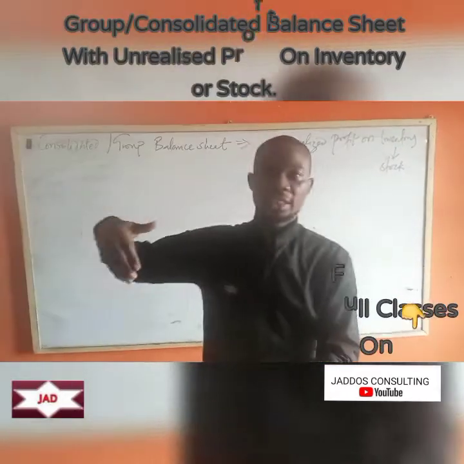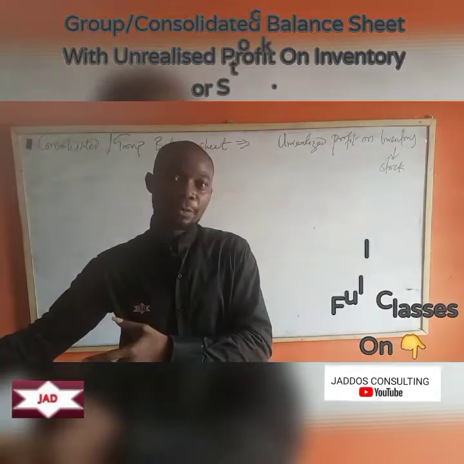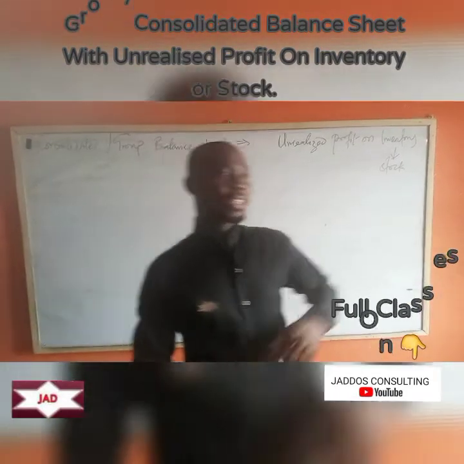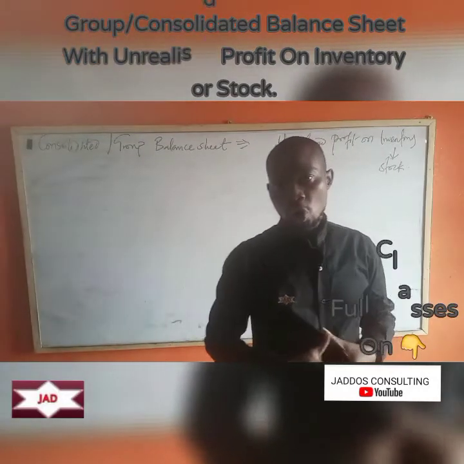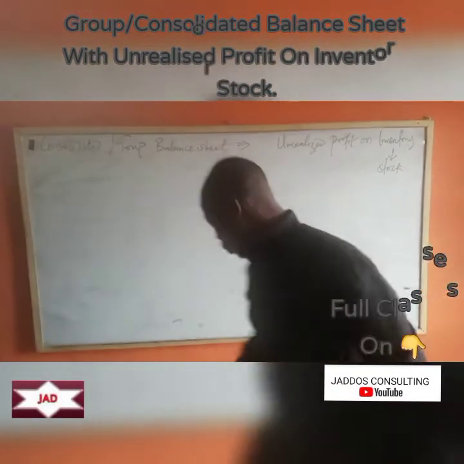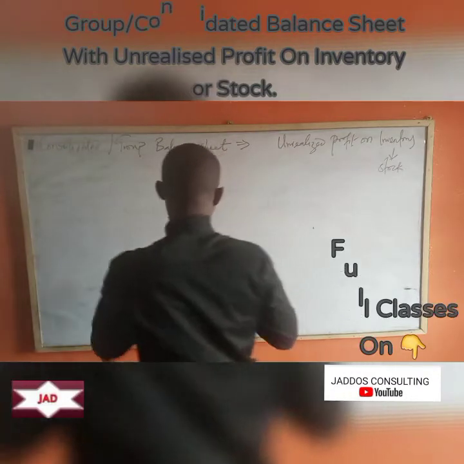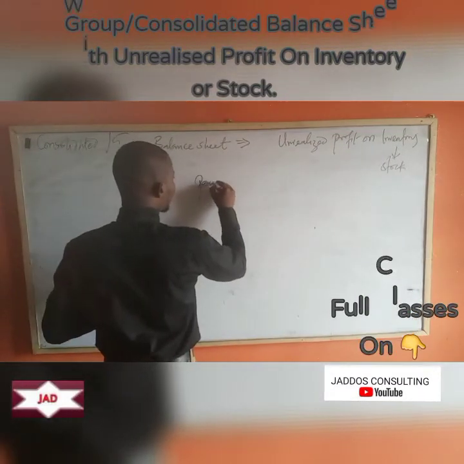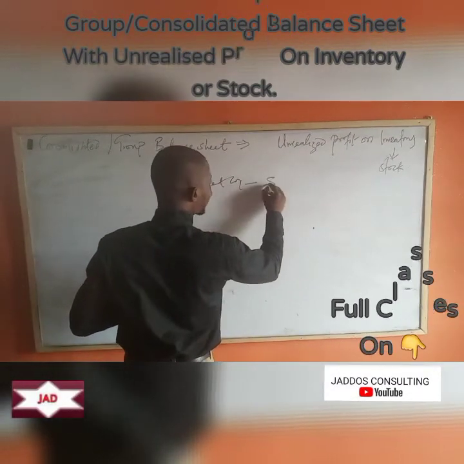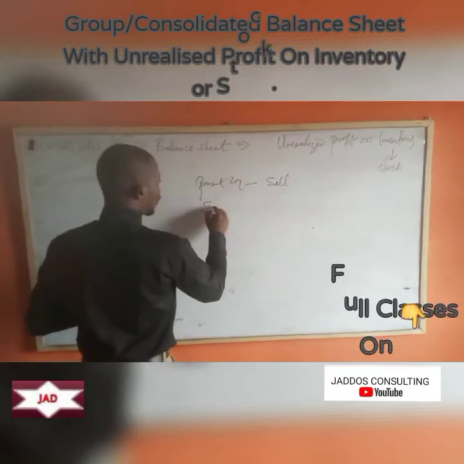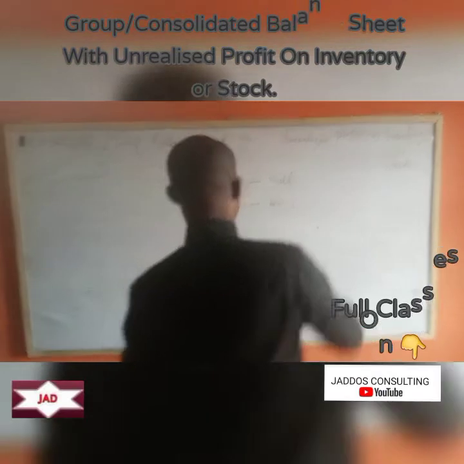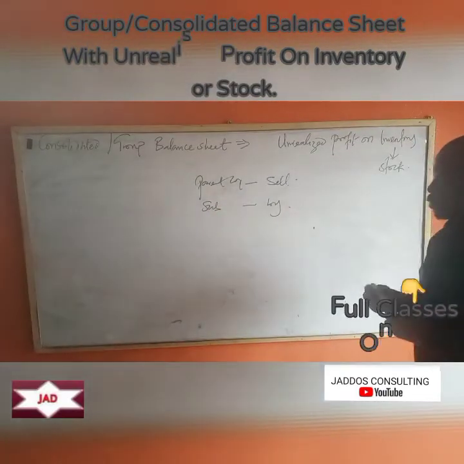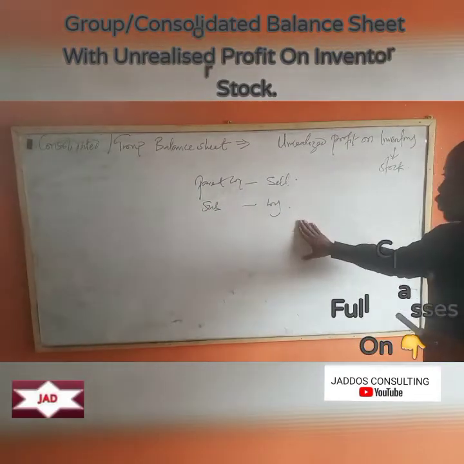So there is a selling price from the perspective of the parent company, and then there is a buying price or a cost price from the perspective of the subsidiary. The parent company will sell, then the subsidiary will buy. So whatever price the parent company sells at will be a cost to the subsidiary.